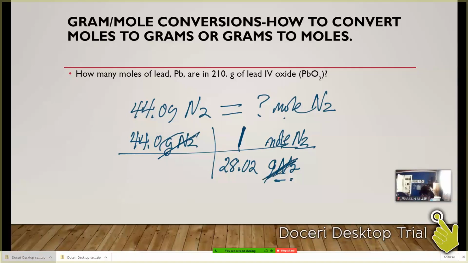My units cancel, multiply across, 44 times 1 is still 44. Divide by 28.02. 3 sig figs for my 44, I would want 3 sig figs in my answer. 1.57 moles.